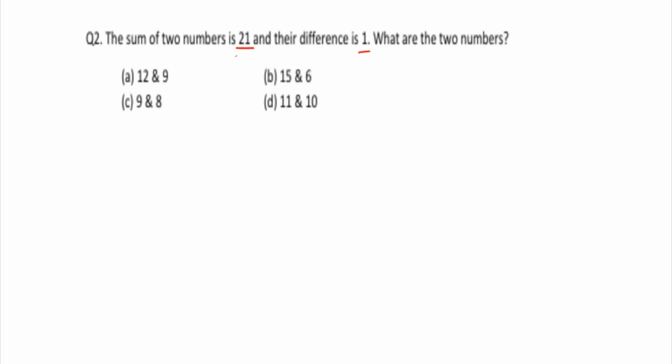One of the conditions given is that the sum of the two numbers should be 21, and the difference means if we subtract, their difference will be 1. So let's see the first option, 12. If we subtract 12 minus 9, what will be the difference? 3. The difference should be 1. So A is not the answer.